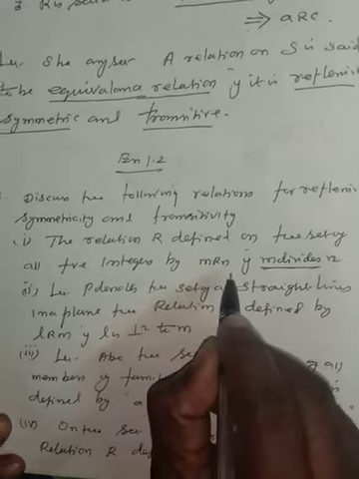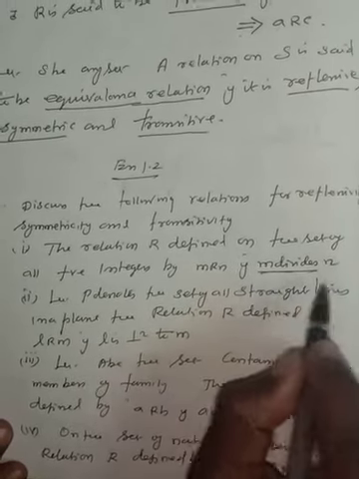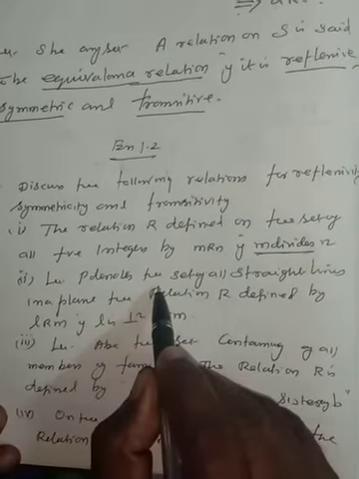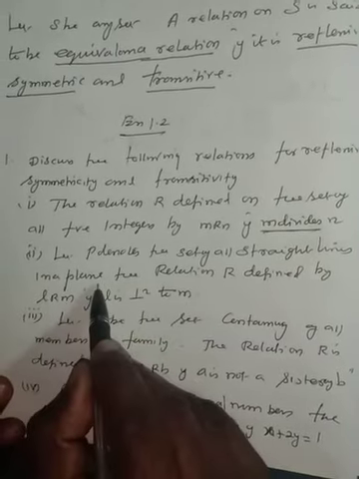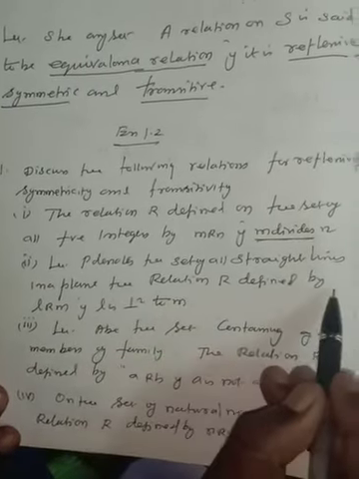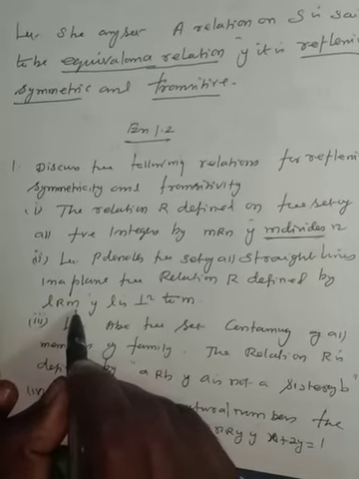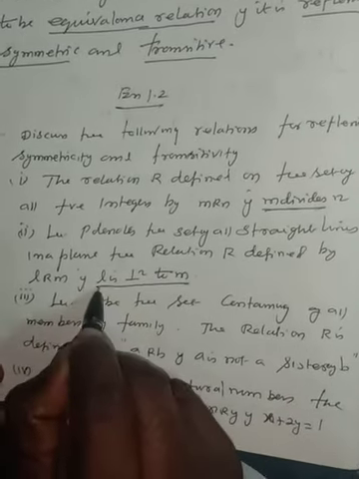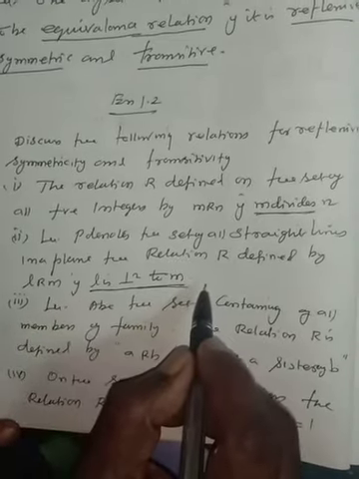Number 2: on the set of all straight lines in a plane, the relation is defined by l relation m if l is perpendicular to m.